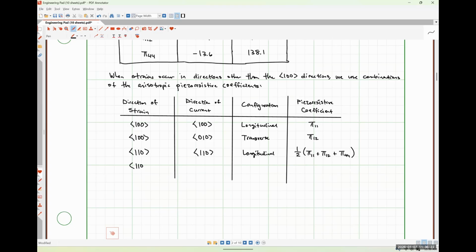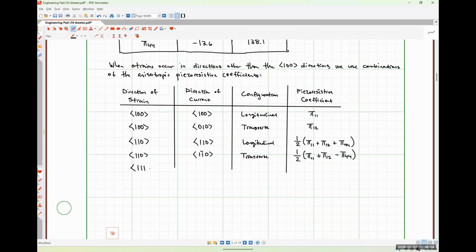When our strain is in a 1, 1, 0 direction and our current is in a 1, 1 with a bar over it, 0, meaning orthogonal to the 1, 1, 0 direction, we again have a transverse configuration. And we're going to use a piezoresistive coefficient of 1/2 pi 1, 1 plus pi 1, 2 minus pi 4, 4.